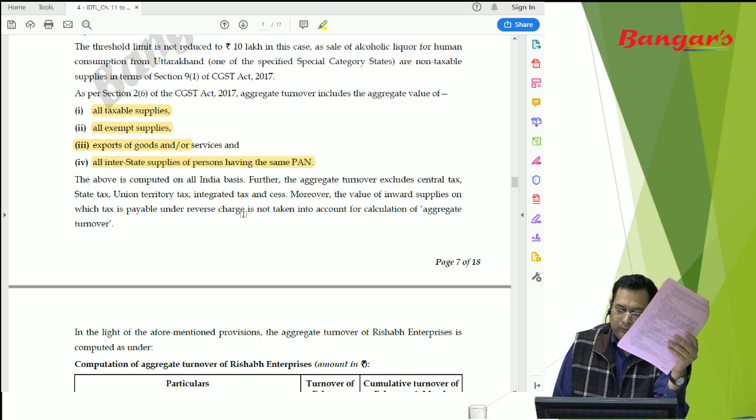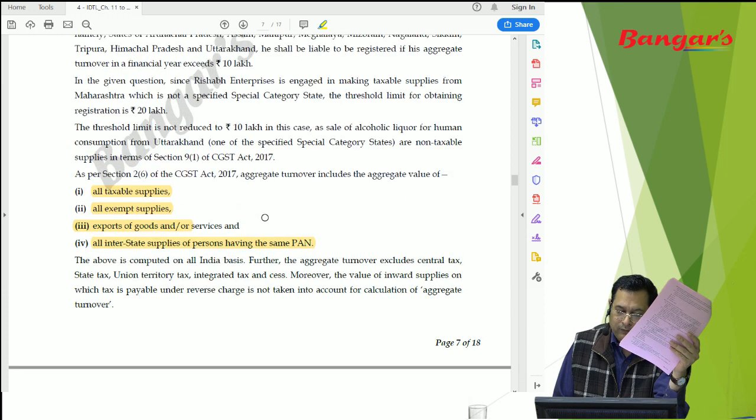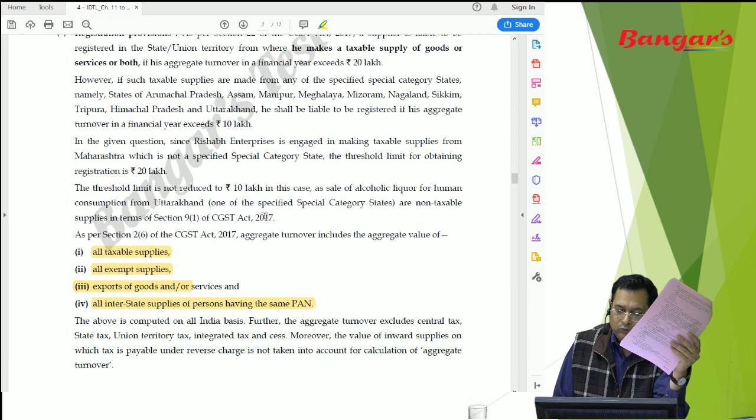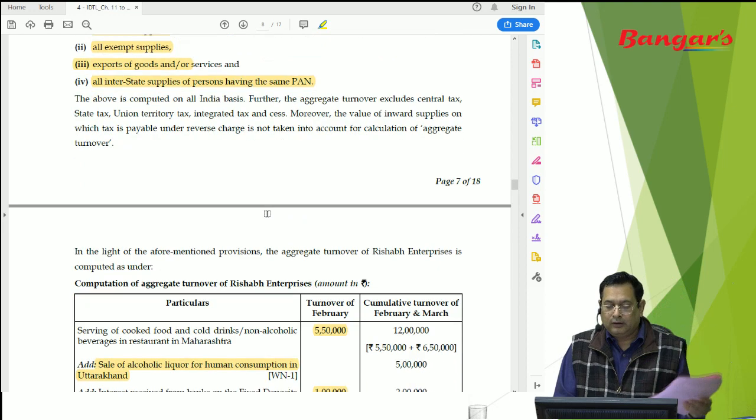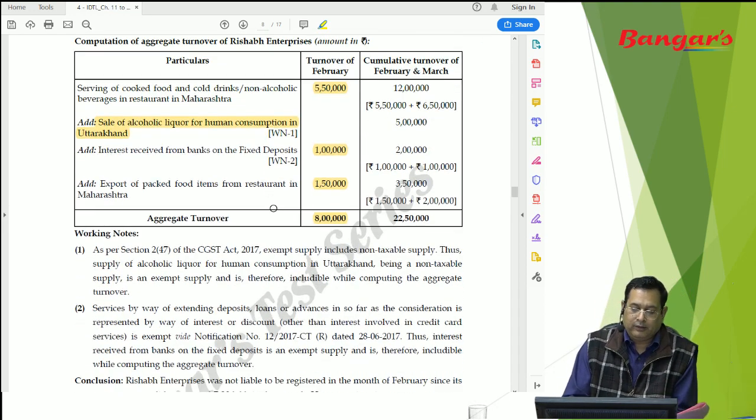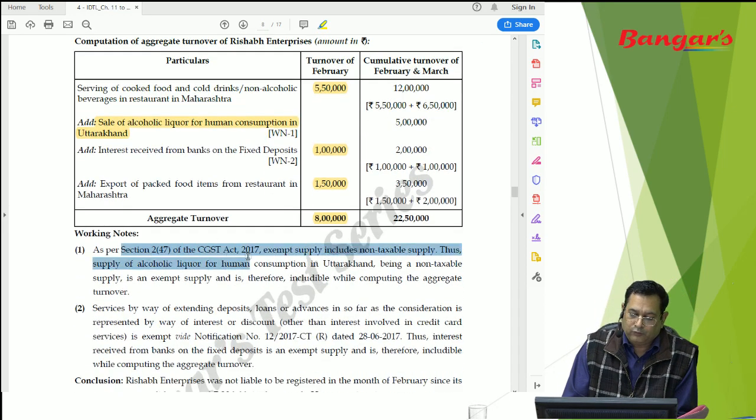And in exempt supply, as you are already aware, those supplies which are not taxable will also be covered under the ambit of exempt supplies as per the provisions of section 2(47). So this will be included. Now in the month of March, it is 6,50,000. So aggregately, it is 12 lakh rupees.